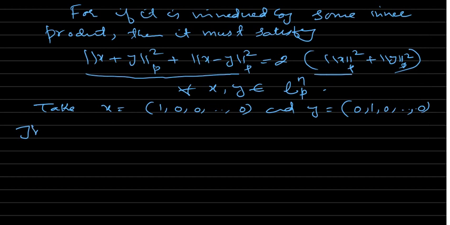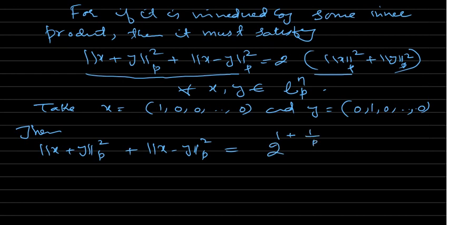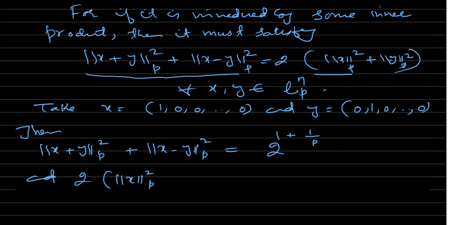Then norm of x plus y p square plus norm of x minus y p square, you calculate this norm, you have already defined it, and you will see that this is equal to 2 power 1 plus 1 by p. Okay. And on the other hand, 2 times norm x p square plus norm y p square is equal to 4.